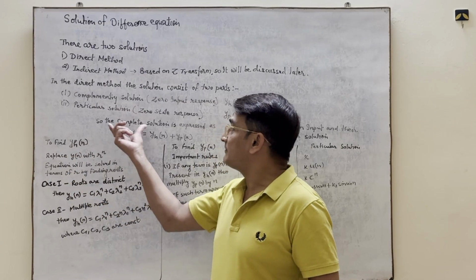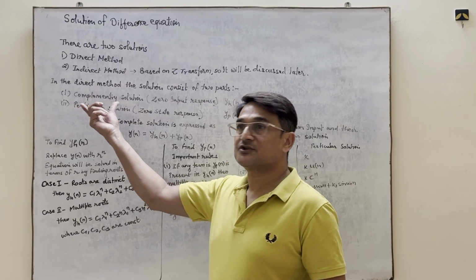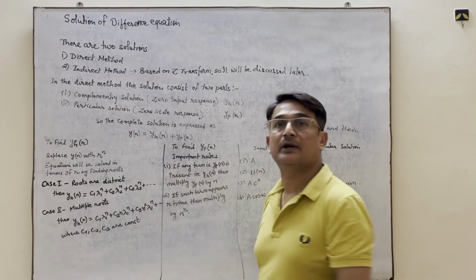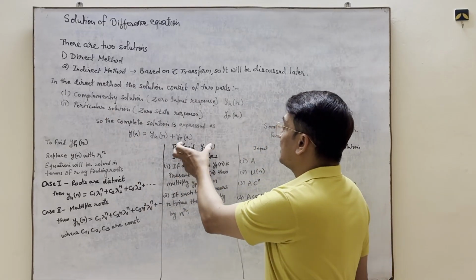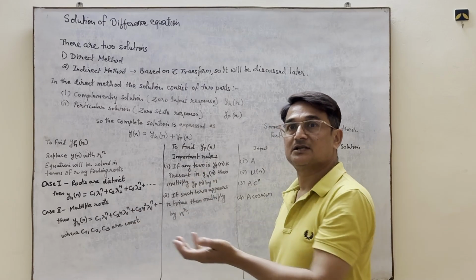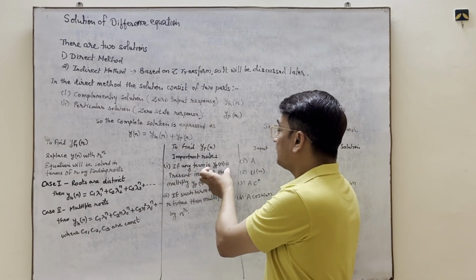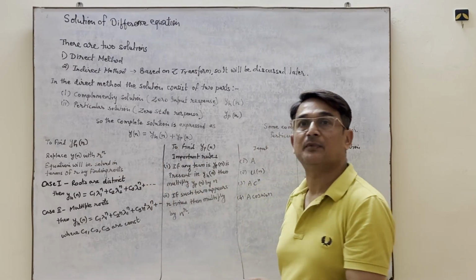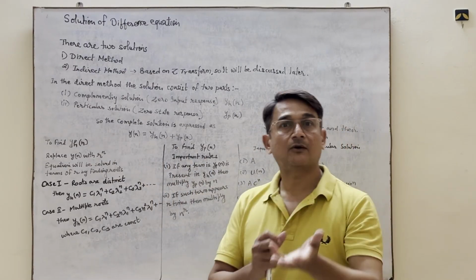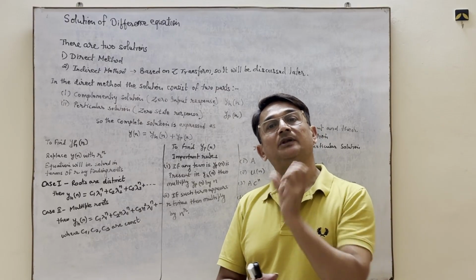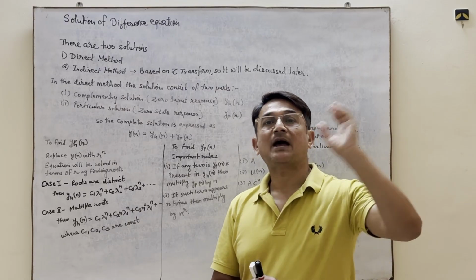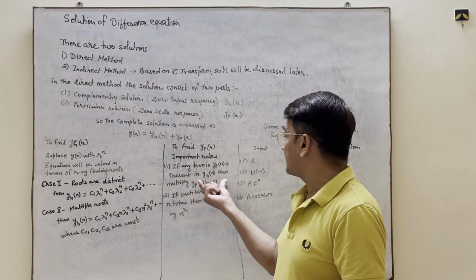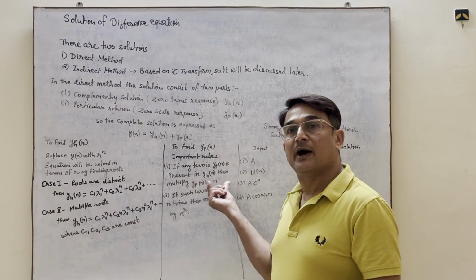Okay, so this is the first part of your difference equation solution, which is the complementary solution. In the second part we have to find the particular solution. To find the particular solution, there is an important rule. If any term in the particular solution is present in the complementary solution, that means both are the same, then we have to multiply Yp by n.